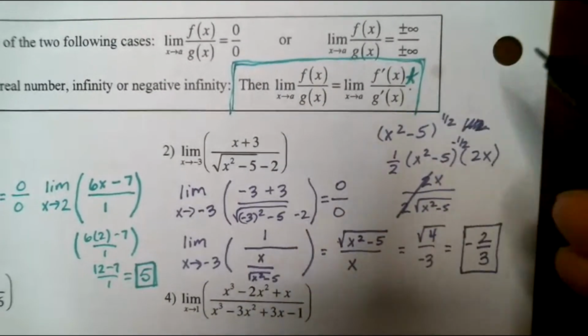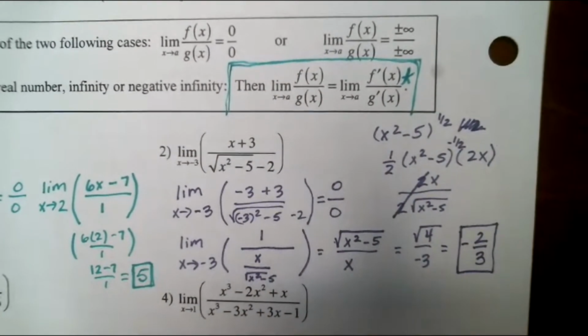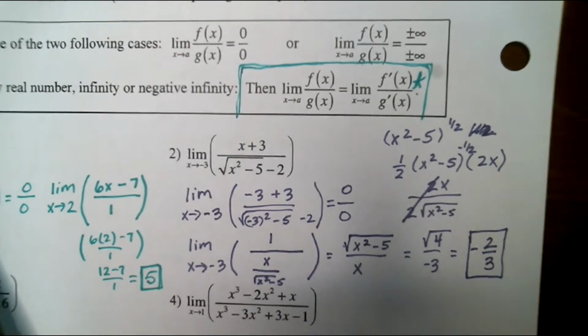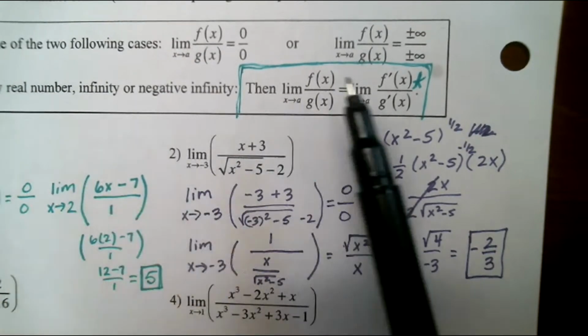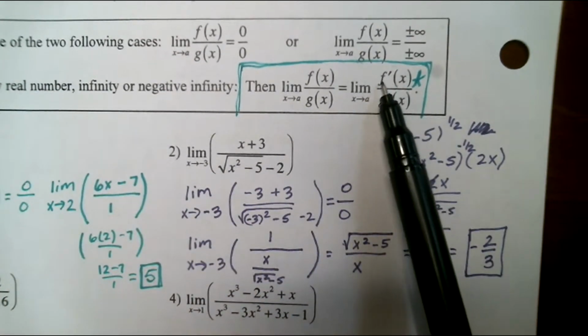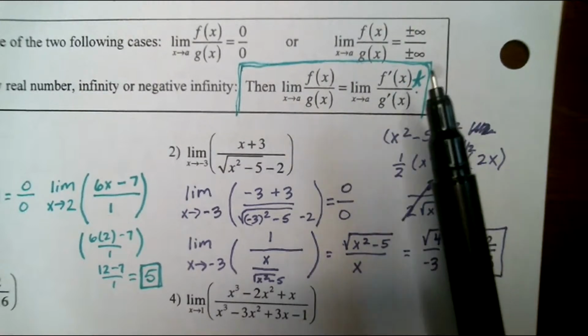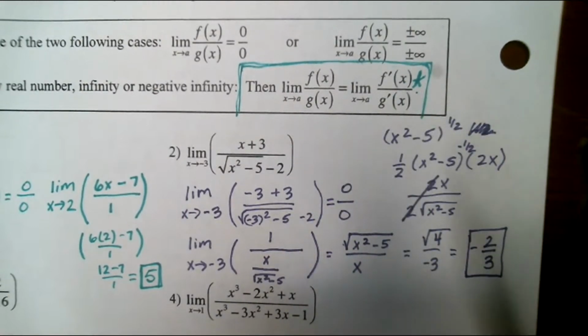Does that make sense, Ian? Sorry about that confusion. Okay, so yeah, Ian asked a good question, Mark, because technically here we'd have to do the quotient rule, but again, L'Hospital's rule said just derive the numerator, the denominator, and then plug it in, and you will get your answer.